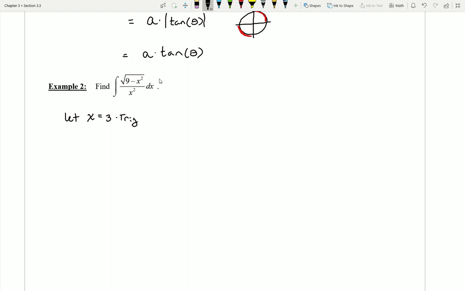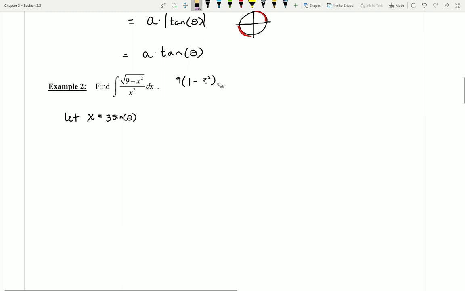Now, this is where you have to be able to think a couple steps ahead. Once that 9 gets factored out, I'm going to have 9 times the quantity 1 minus a trig function squared. And so I'd like to think, what trig function could I square and subtract from 1 so that this looks like an identity? Well, there's actually a couple different options, but one option that jumps to mind for me is sine of theta.